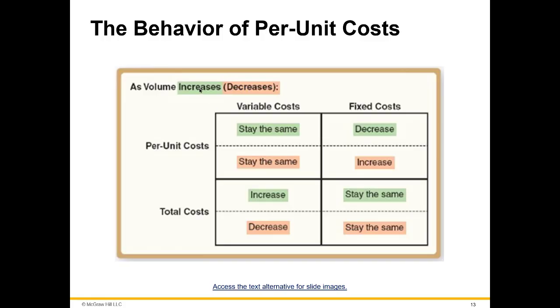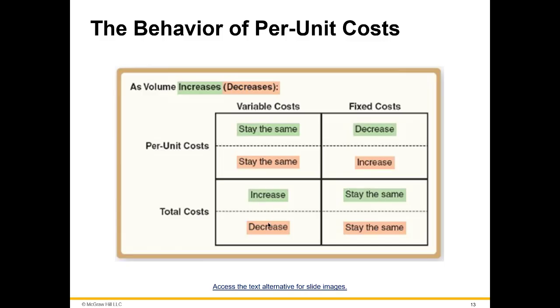Doesn't matter if volume increases, doesn't matter if volume decreases, it stays the same. But because we have a variable cost that varies with respect to volume, total will increase. So if we did more passenger miles, guess what? More costs. Less passenger miles, less costs.